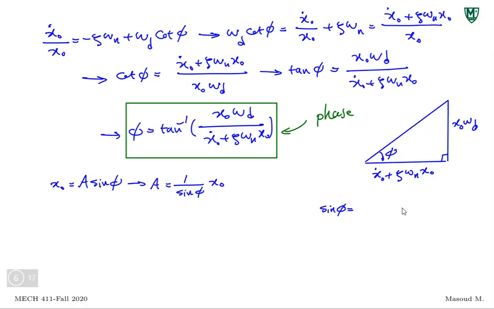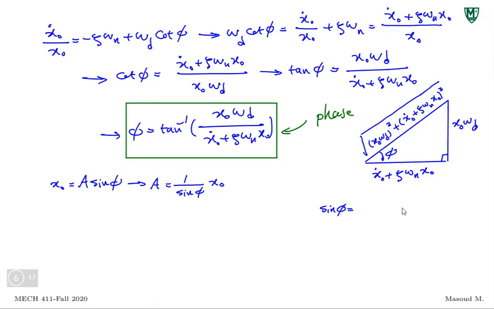If I know those two sides, what is the value of the hypotenuse? It would be X naught omega d squared plus X naught dot plus zeta omega n X naught squared. Right. Hopefully nobody disagrees with it. So right triangle, I know two sides, I'm finding the hypotenuse.